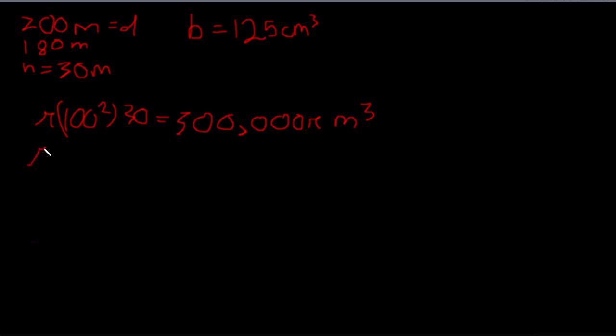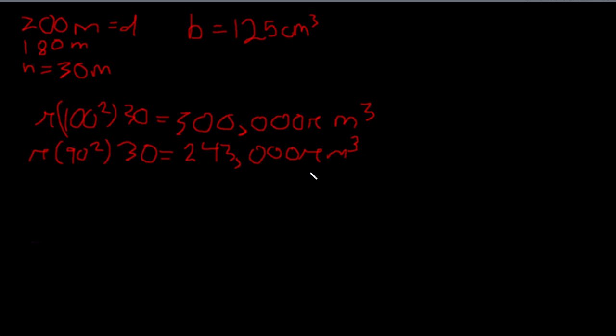and it's pi times 90 squared times 30, which equals 243,000 pi meters cubed. So to find the volume of the amount of bricks that we need, it would be the top minus the bottom.